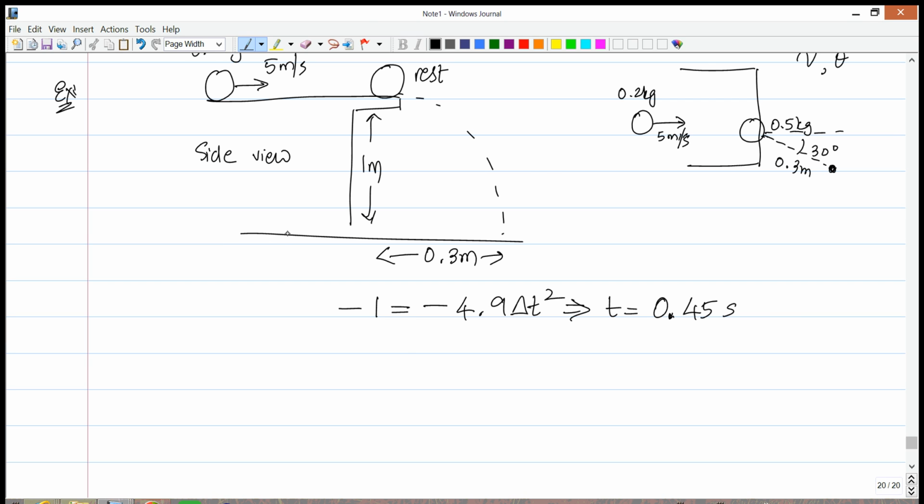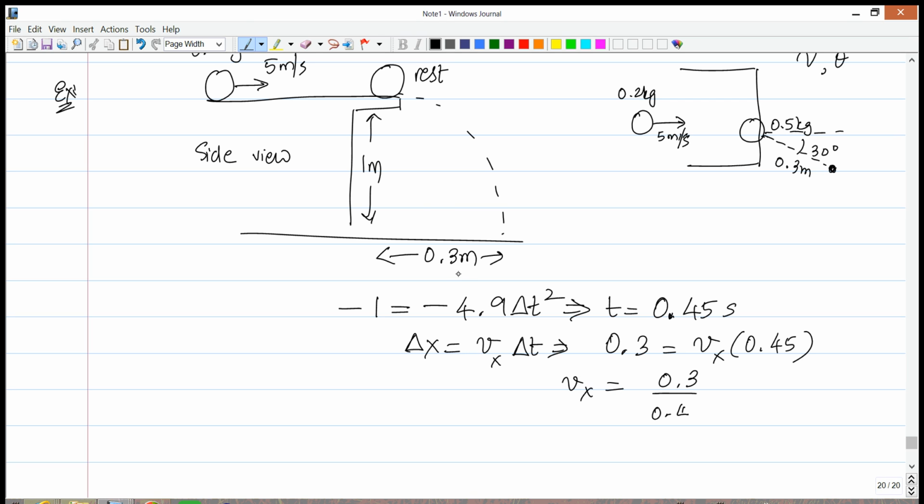Once we get this, we can use the equation delta x equals Vx delta t, and since 0.3 is equal to Vx times 0.45, Vx is equal to 0.3 divided by 0.45, which is 0.67 meters per second. Great.